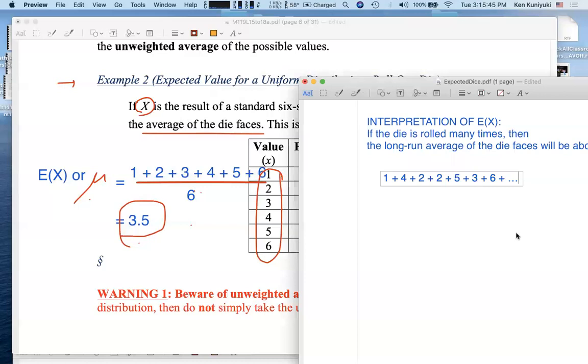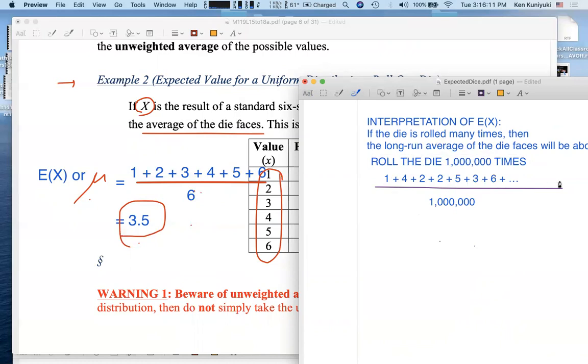If you roll this die 1,000,000 times, you get these 1,000,000 die results, add them up, divide by 1,000,000, and the result should be very close to 3.5. We'll talk about these issues later on in the course. So that's the idea.